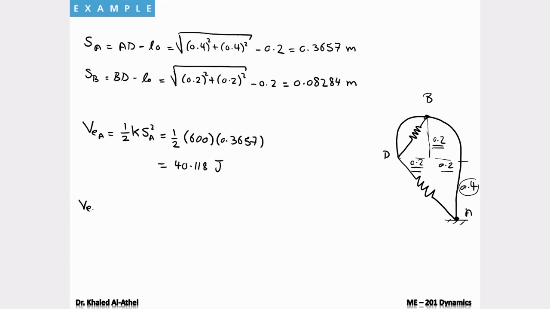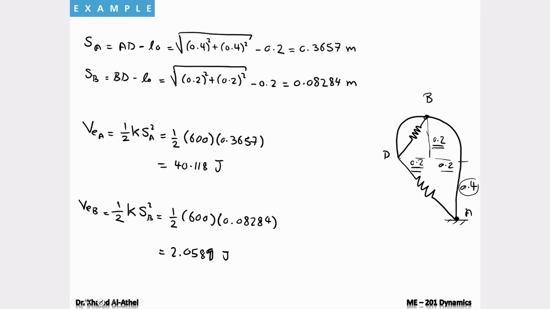And then V elastic at B should equal half K SB square, which is half times, again, 600. And SB we just computed to be 0.08284. And this will give me a value of 2.0589 joules. Now I have the elastic energy of the spring at both locations. I have the potential energy at both locations.